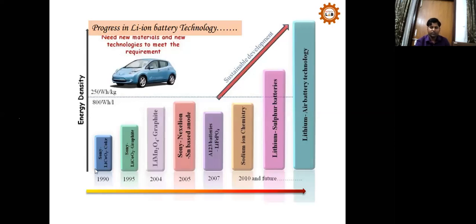You can see it started in 1990 with LiCoO2, and with time now we have lithium sulfur and lithium air batteries. These batteries are more preferred because they give more energy density, so that's why they are being used more nowadays.